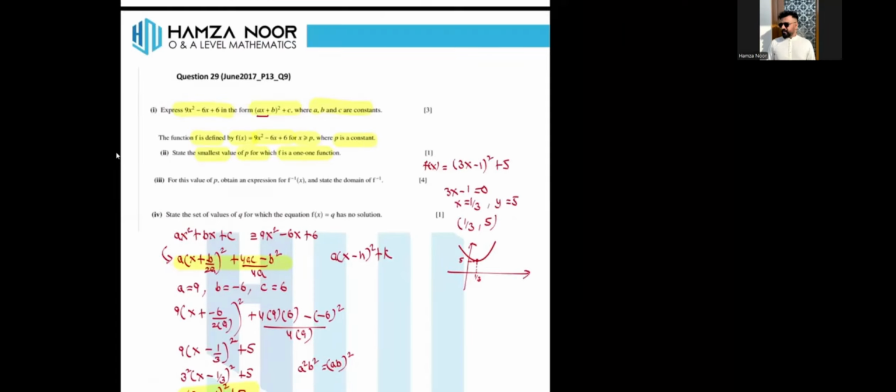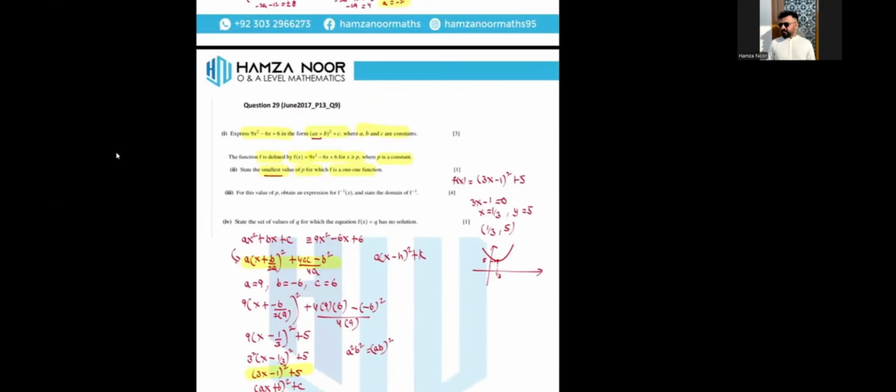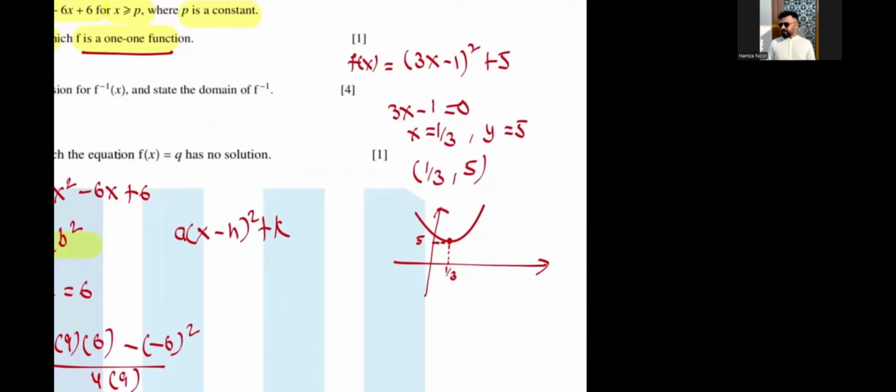However, we need to find the smallest value of p for which f is a one-to-one function. As you know, only one-to-one functions have an inverse. Those functions which are not one-to-one, meaning many-to-one, do not have an inverse. So from the x coordinate of the turning point, I'm going to restrict this quadratic graph.